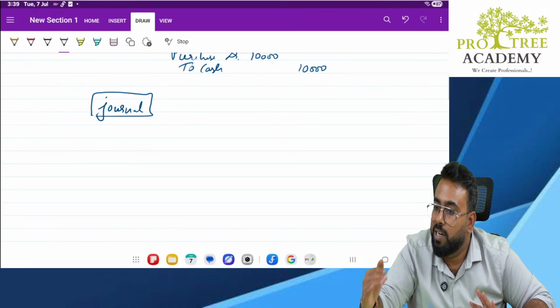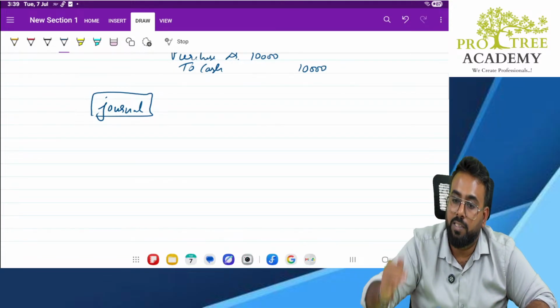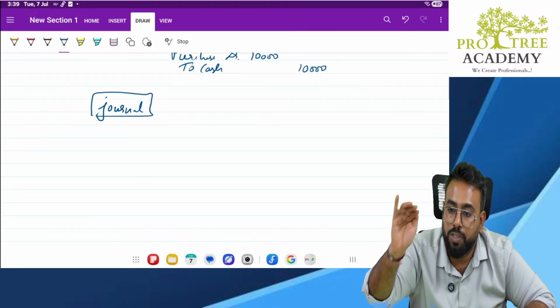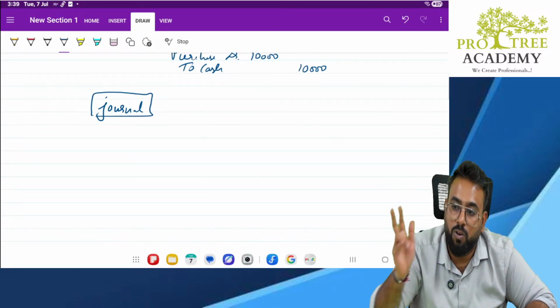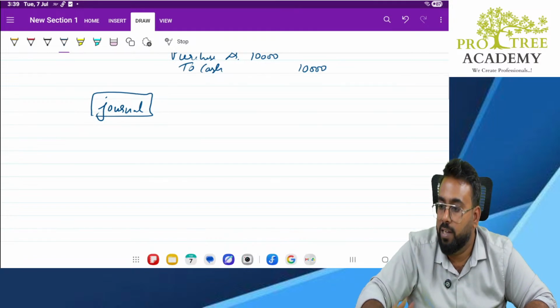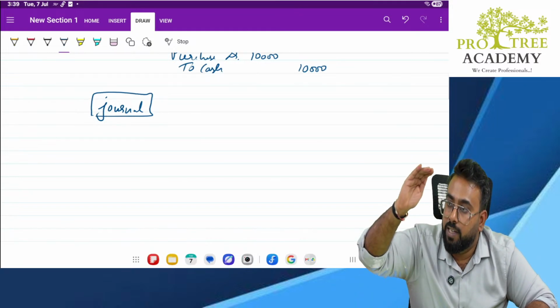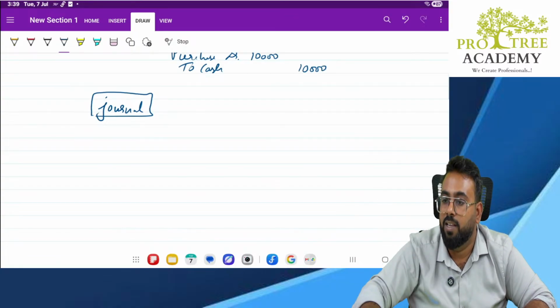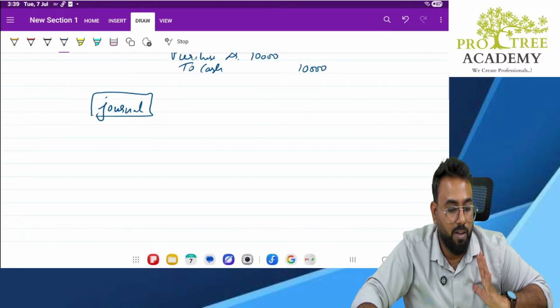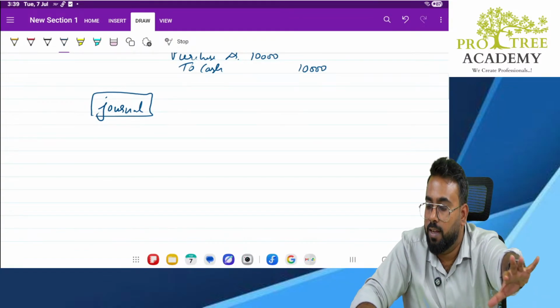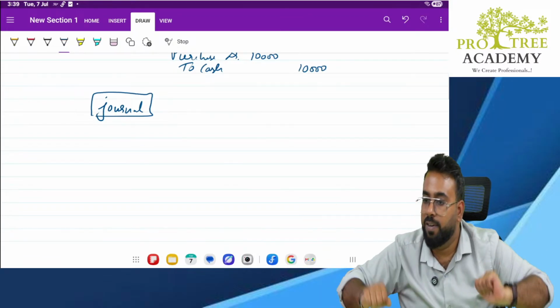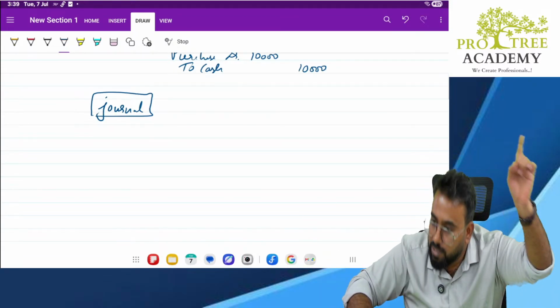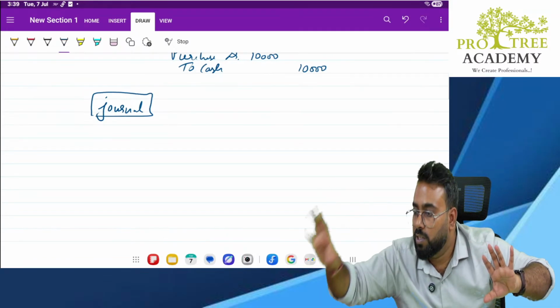Clear? How are the transactions recorded? Transactions are recorded in chronological order. What do you mean by chronological order? It is recorded as and when the transaction happens. For example, first I purchased goods, next I sold the goods. How will you record? First you record the purchases, then you record the sales.